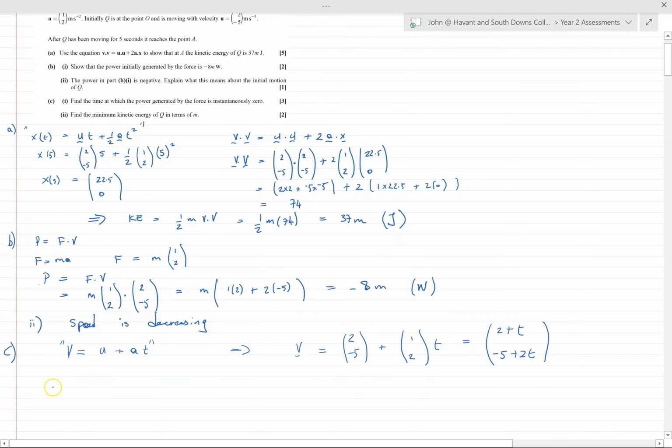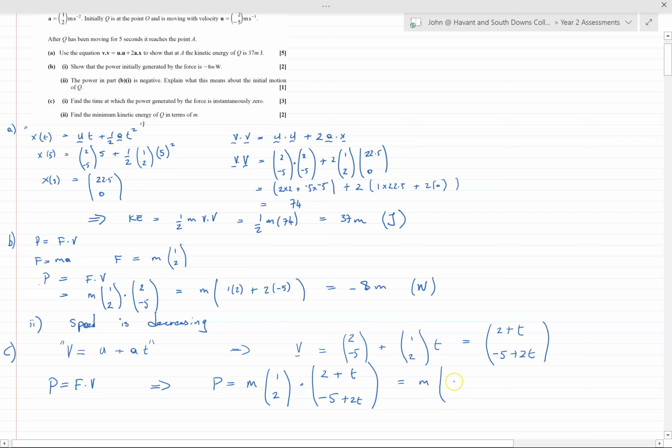Right, so now let's just use P is equal to F dot V. That gives us that the power is equal to F, which is what we have in this first part here. So that's m times (1, 2) dotted with the velocity, which is (2 + t, -5 + 2t). Let's do the dot product with that.